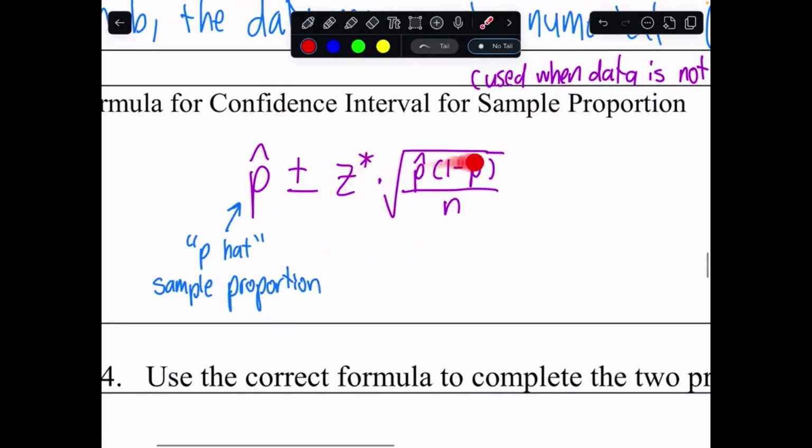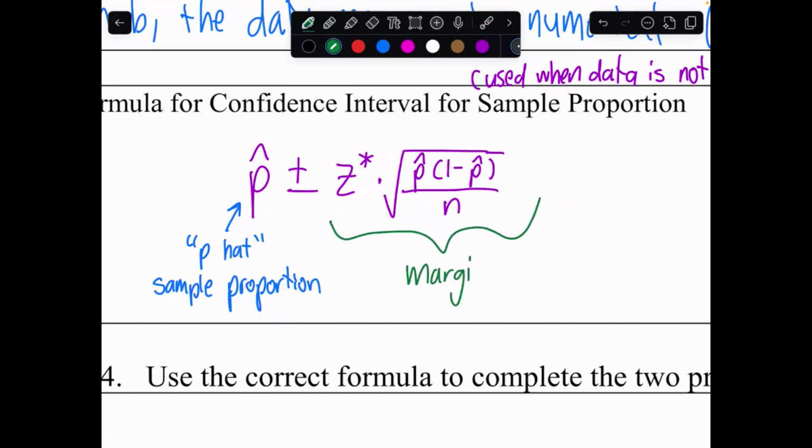Okay, and the rest of these we've seen before. Z crit is the same, and N is still the sample size. Okay, and then like before, the thing after the plus minus sign is what's called the margin of error. Because that's the amount you're allowed to add or subtract from your sample value.